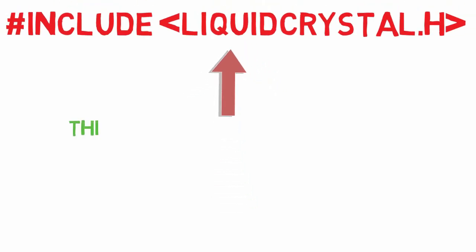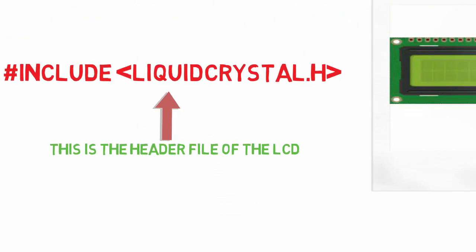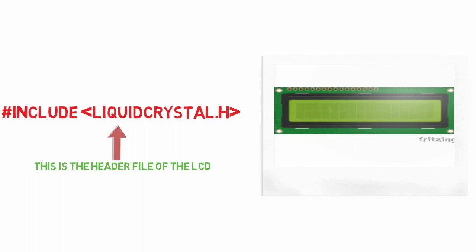So in order to use those functions in your program, you need to include the header files. That header files is what contains all the functions of that LCD display. So once you include those functions in your program, whenever you call it in your code, your LCD will be able to respond to whatever instruction that you are giving to it.